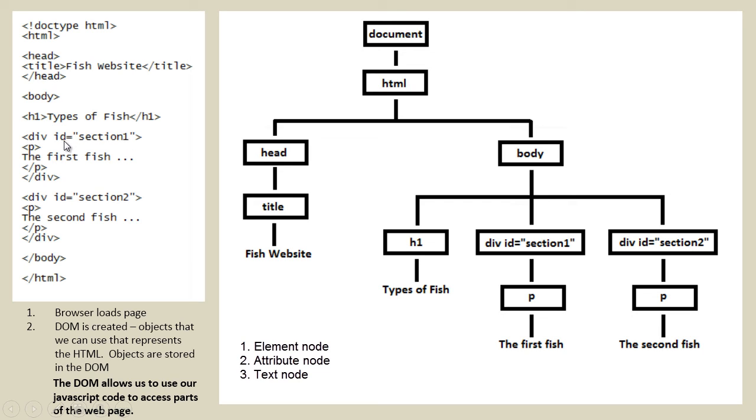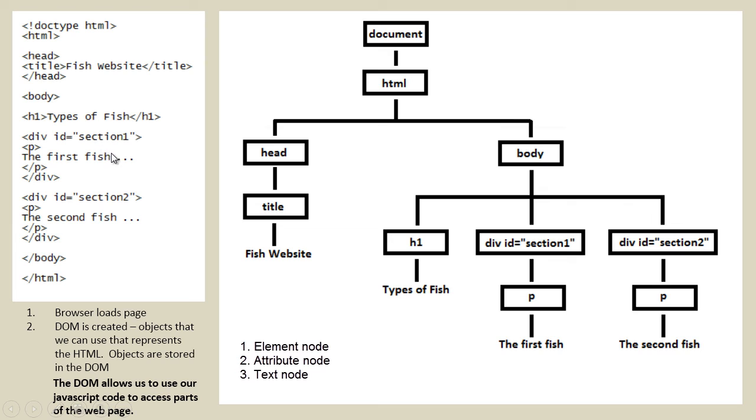There are also class attributes. Remember, you can use a class or ID. If you followed my CSS series, those are the 2 types of things you can put in here. So there's an attribute, and that's the second type. And then the third type is the text. That's called the text node. They correspond in that order: 1, 2, and 3. And that's how we reference them in our JavaScript code.